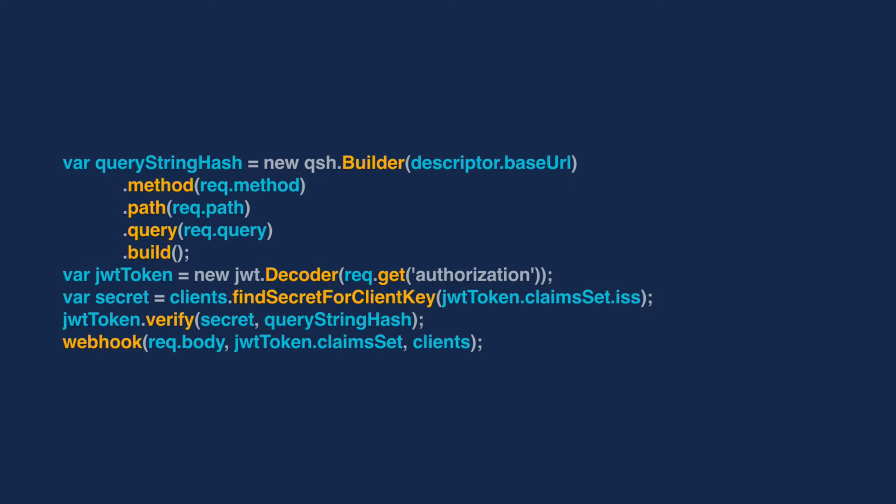I'm going to decode the JWT token from the authorization header. I find the shared secret for that particular tenant, and then I verify with the secret that it matches, and I verify that the QSH matches the request that came in, and then I do whatever with the webhook that my application should do.